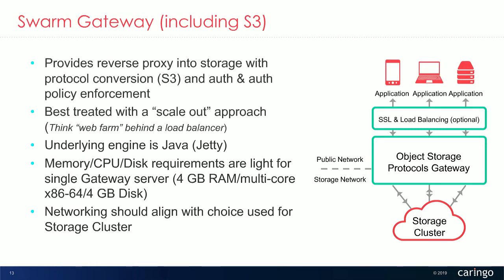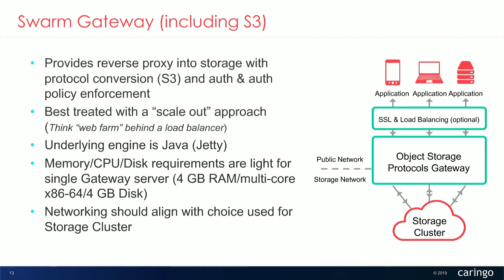There's a lot of memory overhead and associated performance overhead going to a max heap that's larger than 31 gigabytes. So that's your cutoff point for the amount of memory you would want to assign to a Swarm gateway. We definitely recommend not having these large monolithic gateways. You want to have a constellation of smaller gateways that you're balancing across to address performance, scale, and capacity planning.